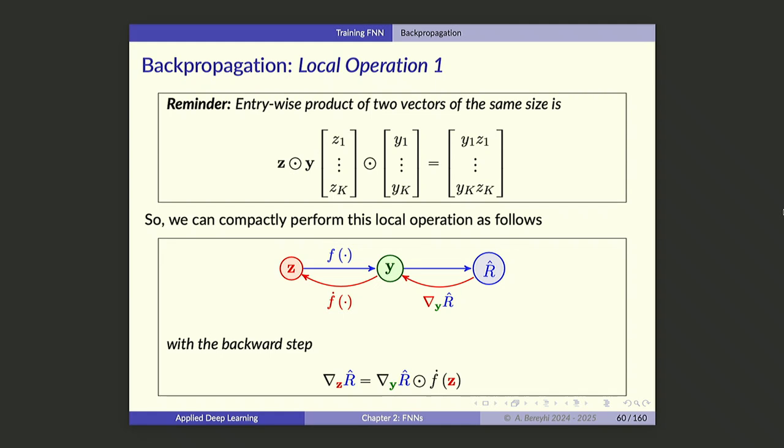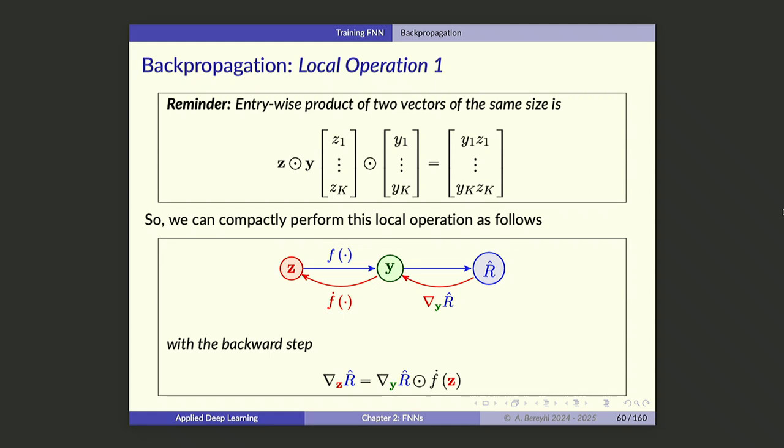Now, one thing, z is k-dimensional, right? The kind of derivative I would get here is k-dimensional. Here again I have a k-dimensional vector, right? And at the end of the day I want to end up with a k-dimensional gradient. So k-dimensional, k-dimensional, ending up k-dimensional. The best kind of multiplication that I can think of is entry-wise product, right?